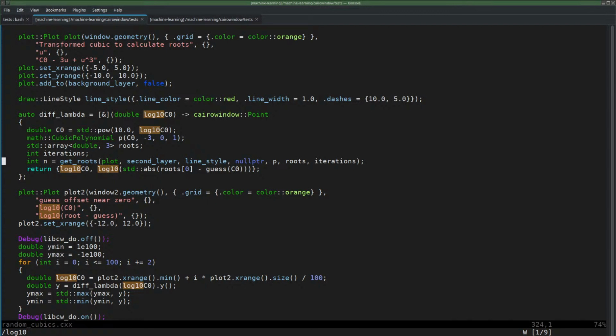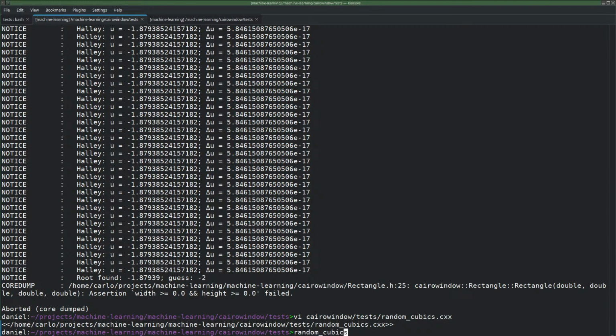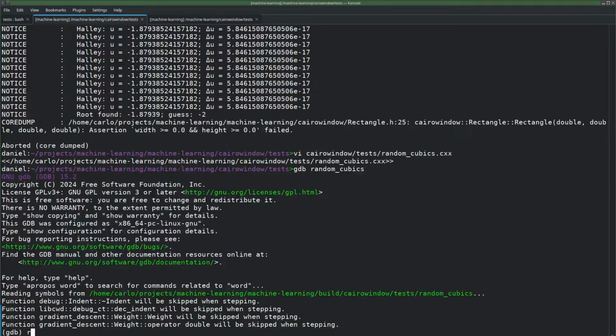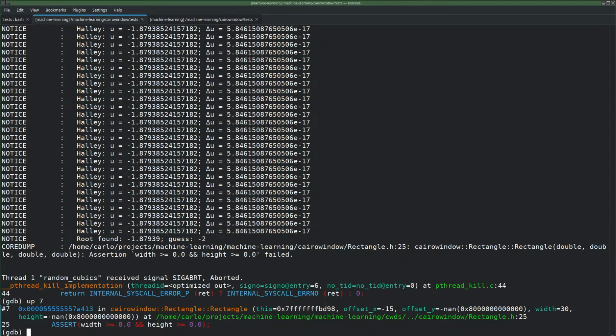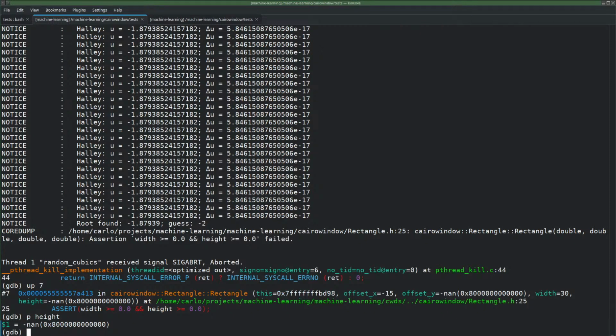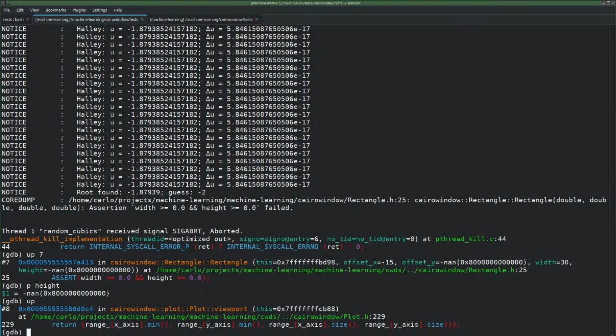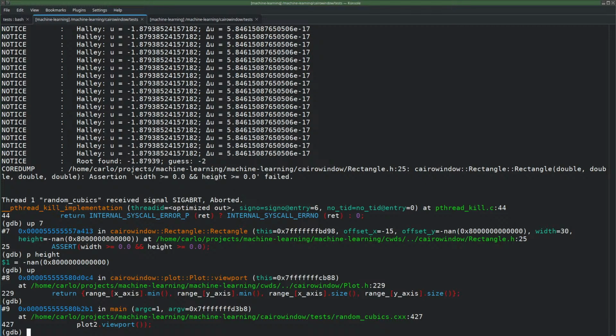But yeah, no, maybe it's too precise. Seems very unlikely. It is the y-axis range.